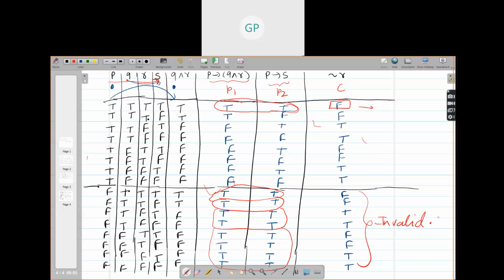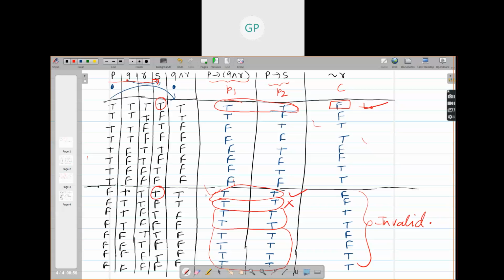Ma'am, S is also a premise, no? Yes, S is also a premise, we didn't write it here. Okay, so these rows will get reduced, right? So this is one row. I can consider that all my premises are true, but my conclusion is false. I will consider this row also.